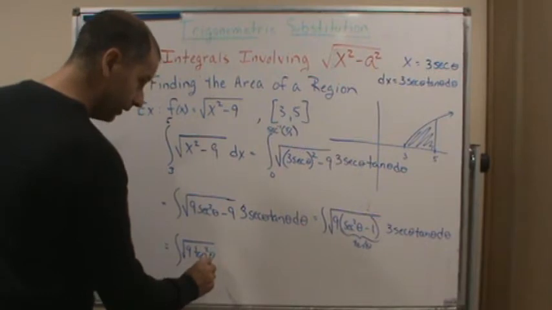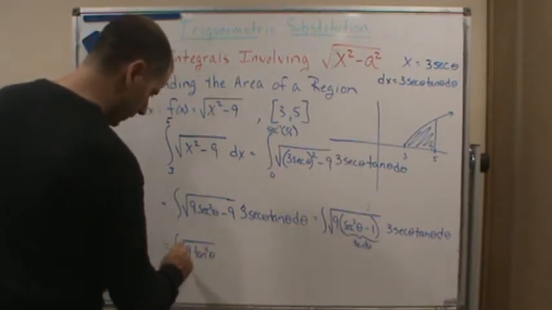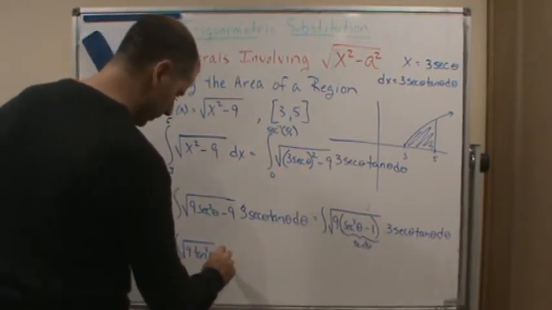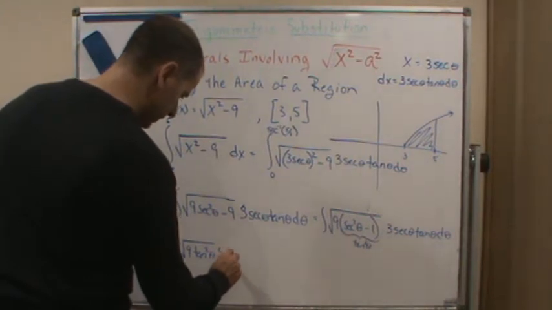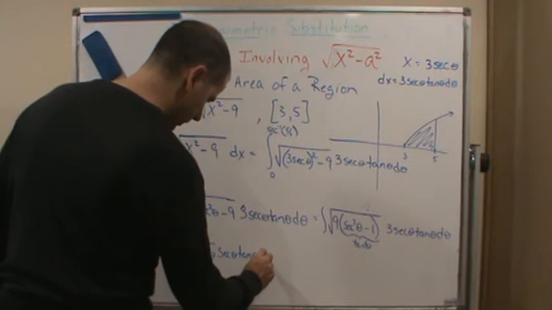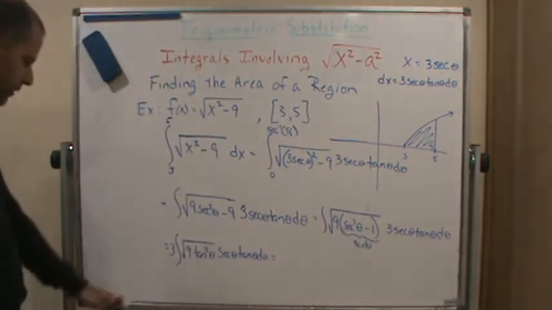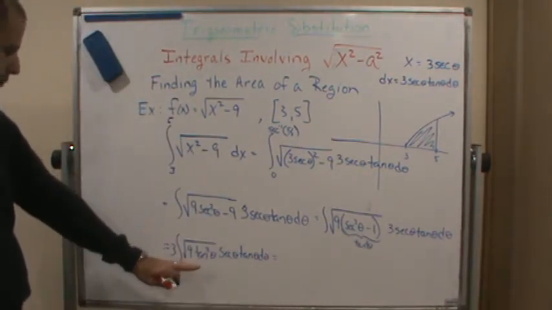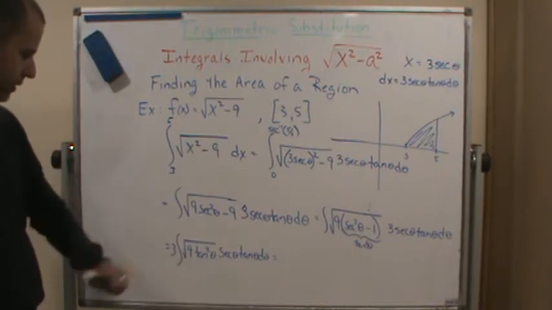Let's pull the 3 out. So we get 3 there, and we get secant theta tangent theta d theta. And now this just reduces to 3 tangent theta.